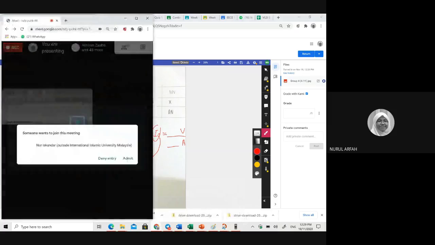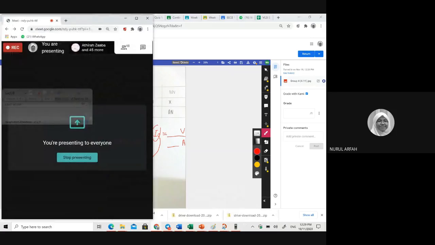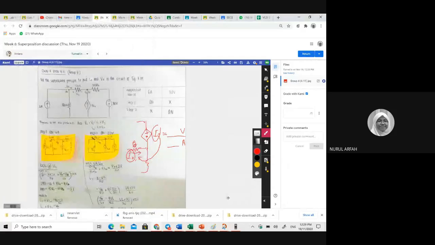Is it a voltage or is it a current for this dependent source? Can you guess? Voltage. Yeah, this is a dependent voltage source, right? So it's supposed to have a volt here, not ampere. That's why you need to understand what you have from your circuit information here. Okay, so this is the answer.